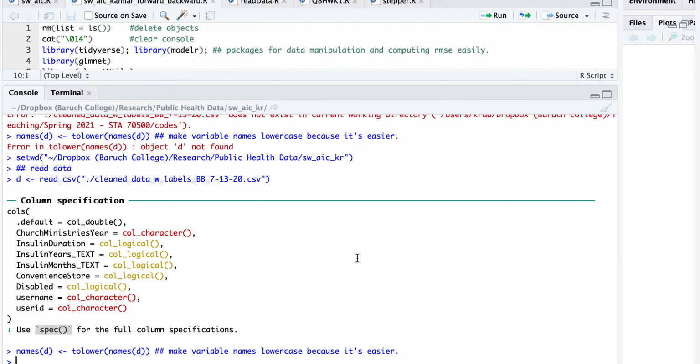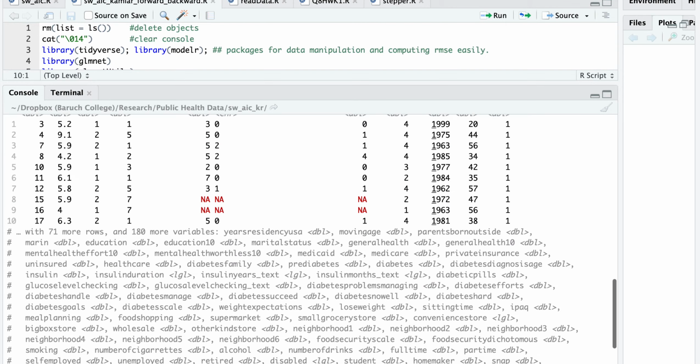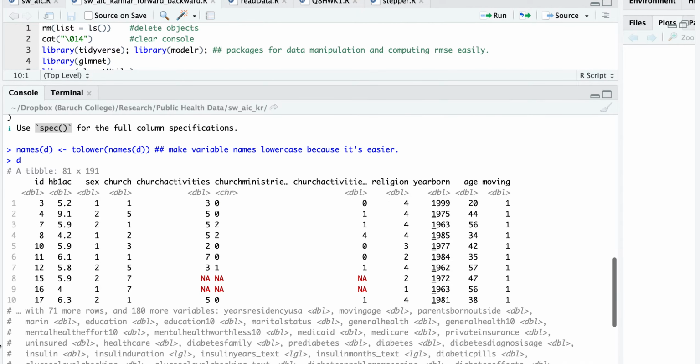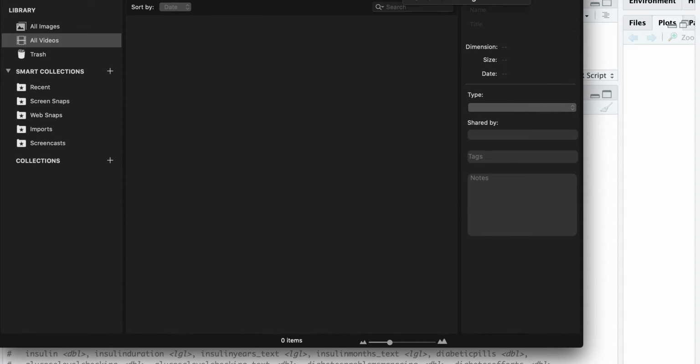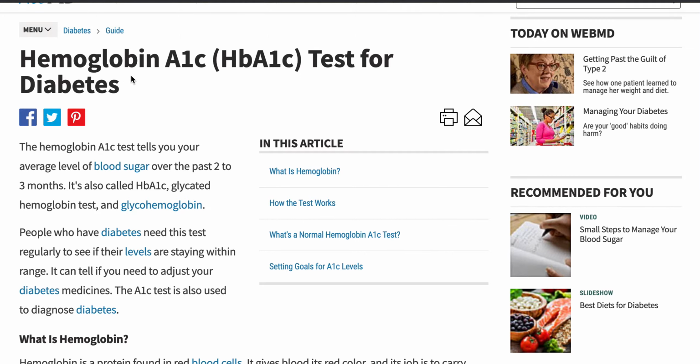Now, let's just look at it. The first column is ID, and then we have HbA1c, hemoglobin A1C. It's a measure of the average level of blood sugar over the past 2-3 months.